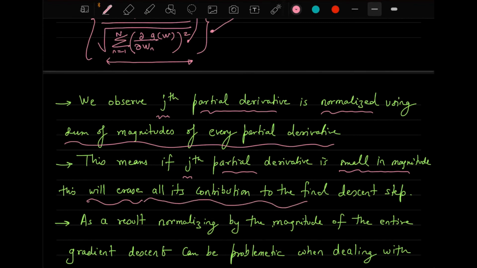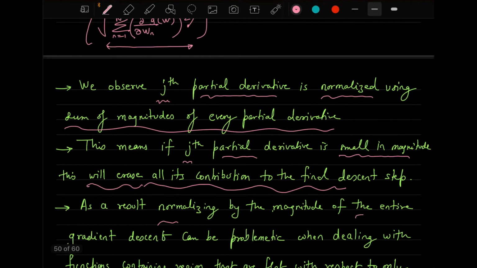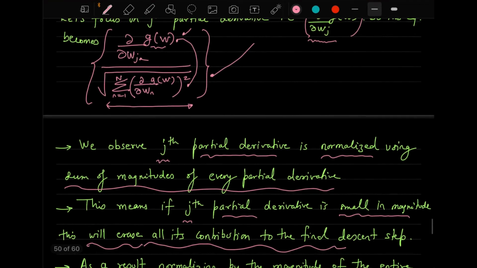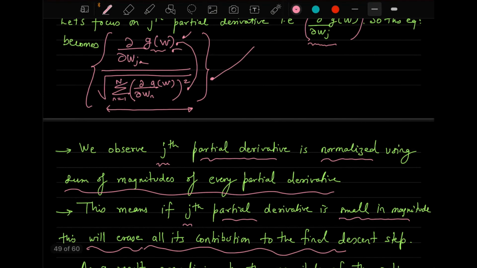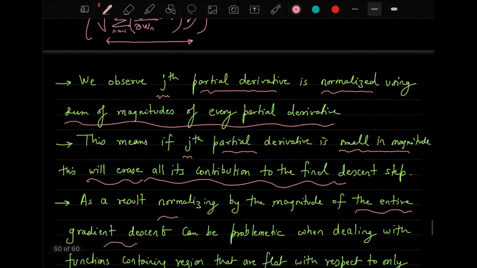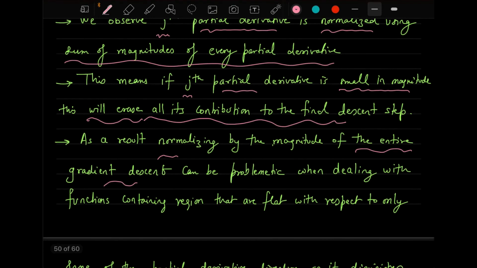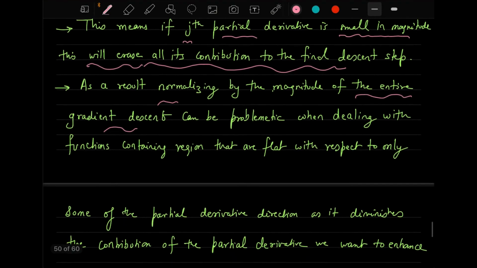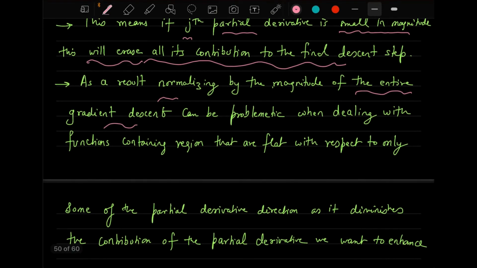Its contribution to the final descent step will be completely gone, because you are normalizing it by the magnitude of the entire gradient. That's why you are normalizing with the entire values of the gradients that you are calculating at that particular point. So that's why it actually creates a problem.